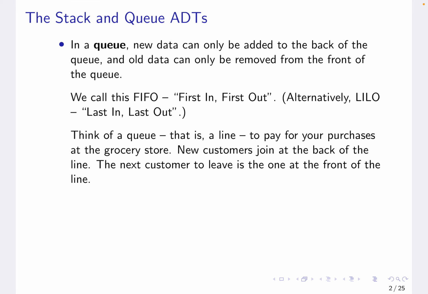A queue, on the other hand, is better modeled as a lineup, like at a store. I don't have as compelling a physical metaphor for this, but you can bear with me as I attempt to hold these books upright.